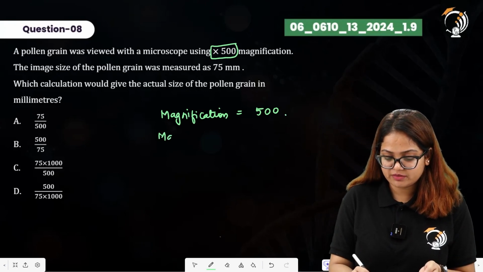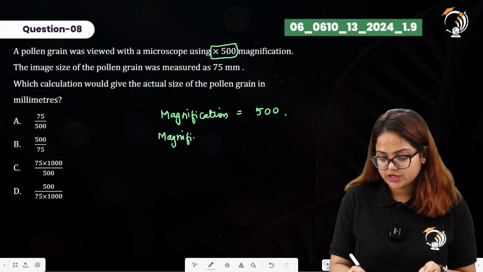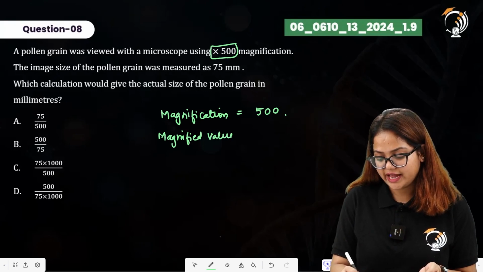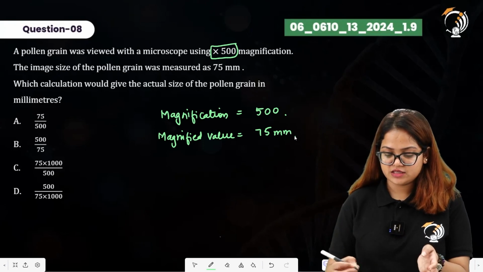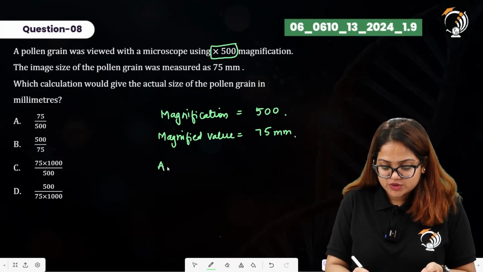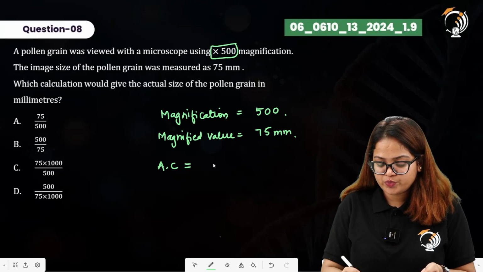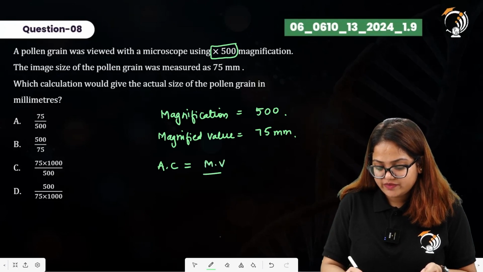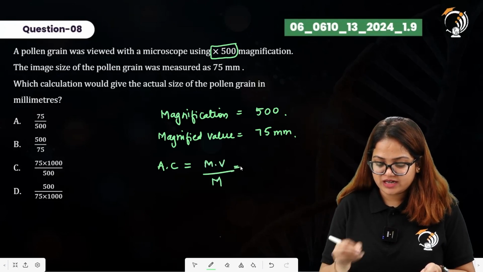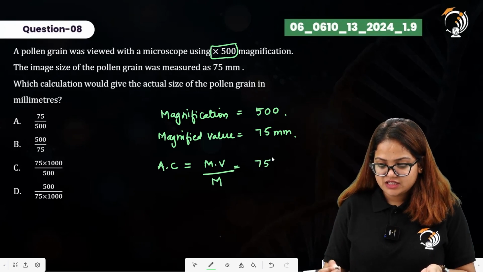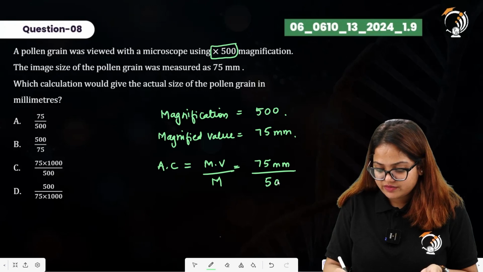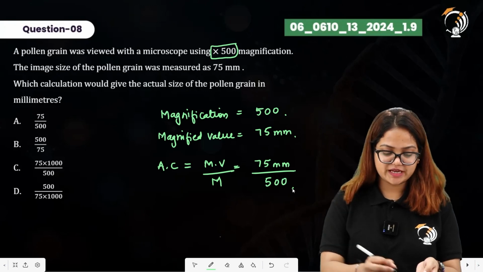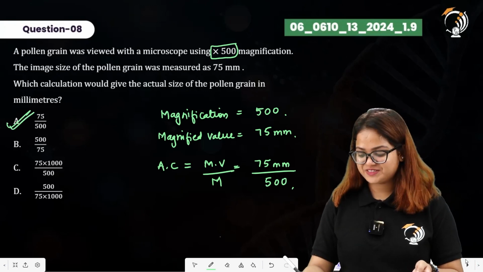So we are provided with magnified value as well. So we are going to find the actual size that comes out to be on dividing these two. So we have the actual size of the image equals magnified value divided by the magnification. So magnified value here is 75 and the magnification is 500. Now going back to the options, we get option A as the right answer.